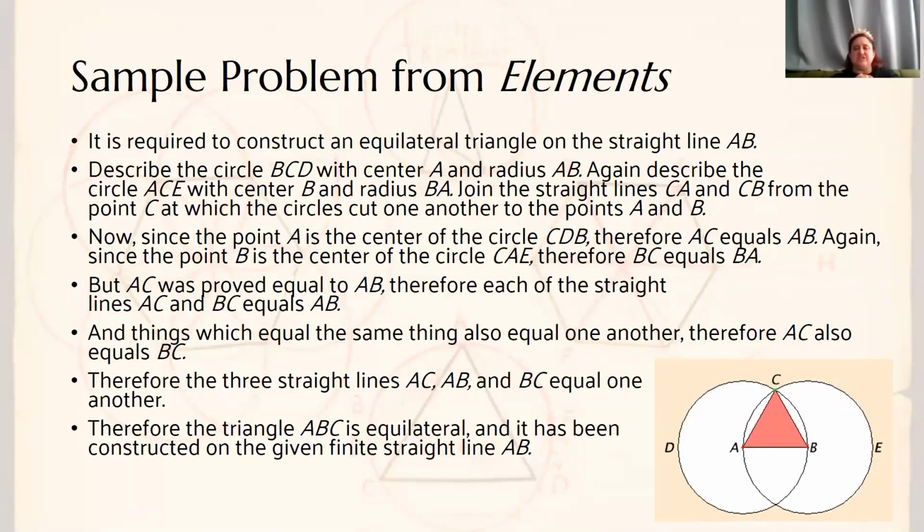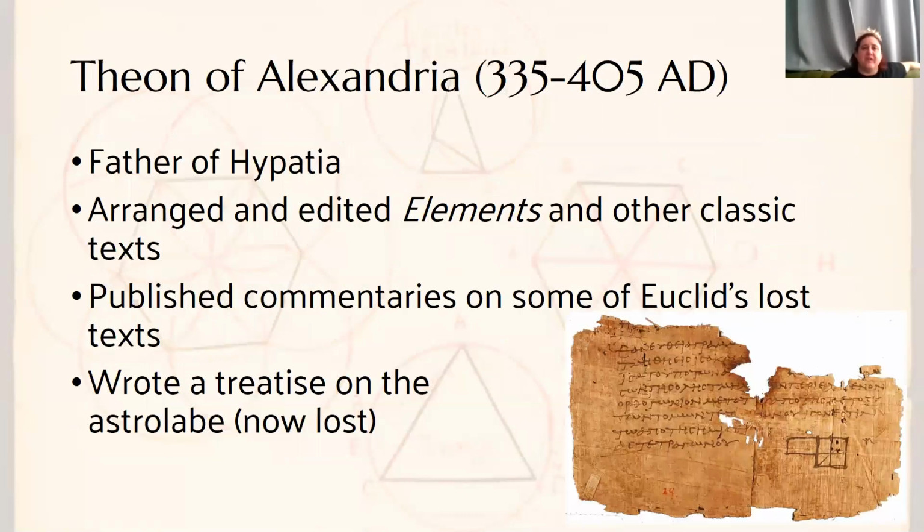He's showing you how to do the construction, but then he's showing you why the construction proves that it's an equilateral triangle. Does that make sense? That's what he's showing you in this sample problem from the Elements. This was a shorter one. The construction to do the line tangent to two different circles that don't touch each other was actually very involved. There are actually 4 lines that do that. Topic for another day.